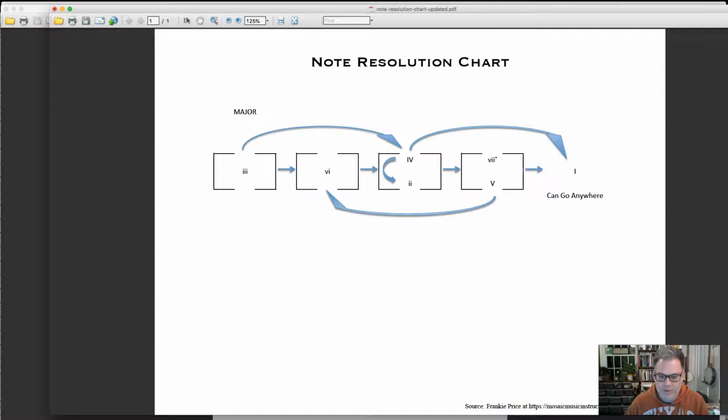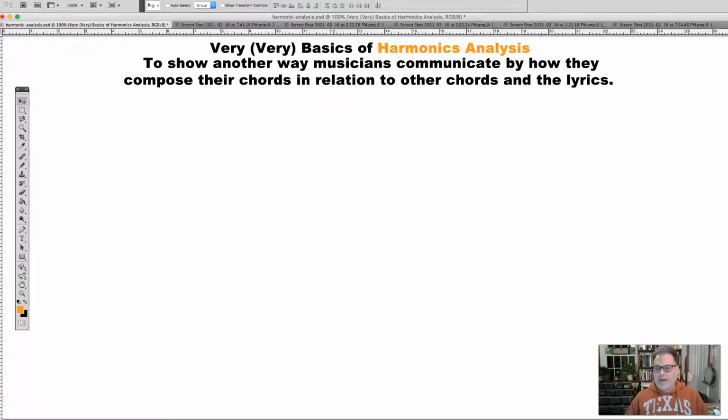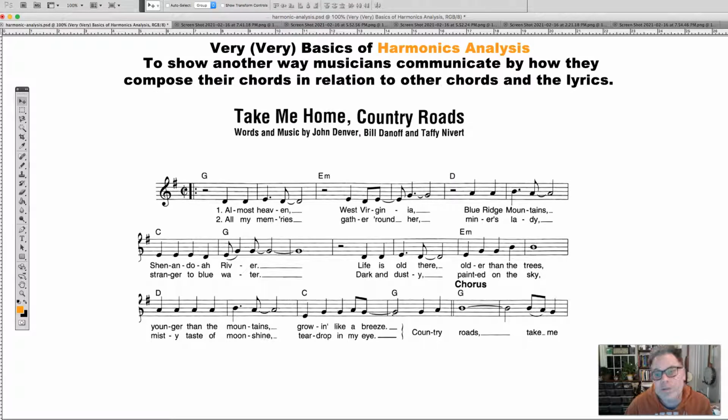Where is my Photoshop button? Here we go. Okay. Now, in order to get started with this, we need to learn a few basics about sheet music. So here is some sample sheet music taken from a song I think many of us know, Take Me Home, Country Roads. I'm not going to sing it right now, nor am I getting out my banjo right now, but maybe another time.